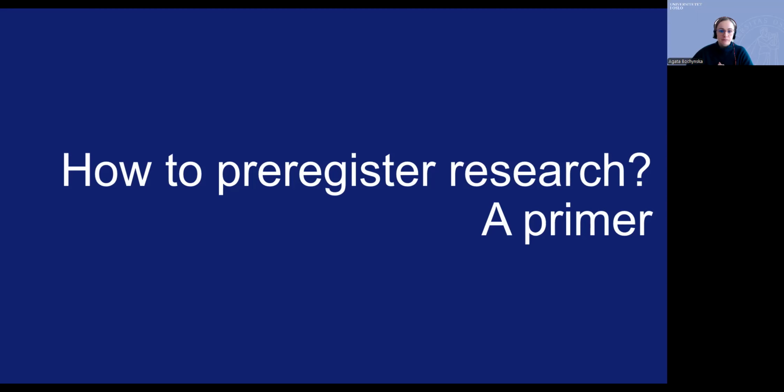Yeah, and the next question is about PhD projects again. For PhDs, would you recommend one registration for the whole project or one for each article? That's a recurring question. It's a slightly difficult one.